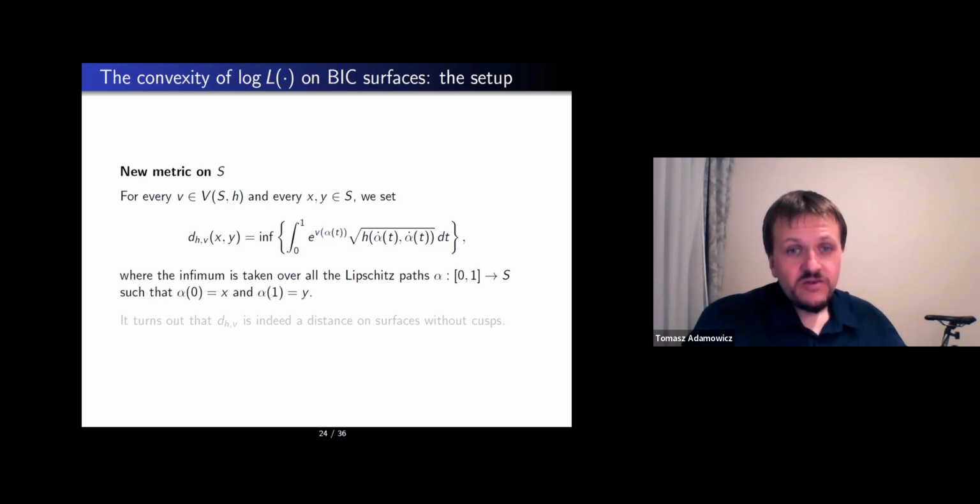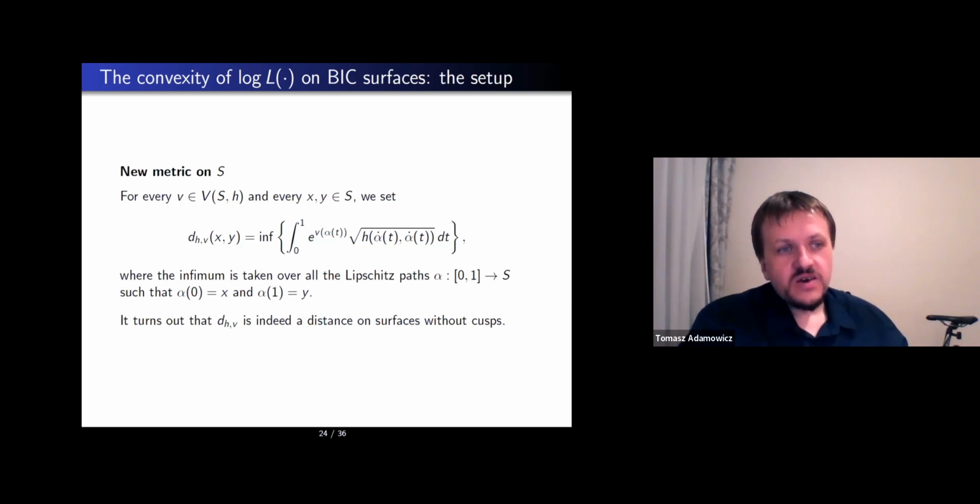And it turns out that this function is indeed a distance on surfaces without cusps. In a moment, I will give a precise definition of the no cusp condition, but for us, it's enough to think about it in terms of geometry, so that it is a surface without sharp peaks.